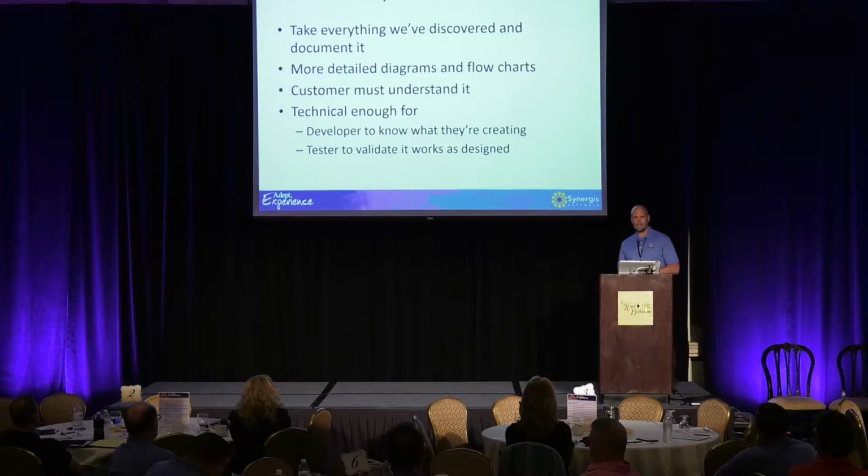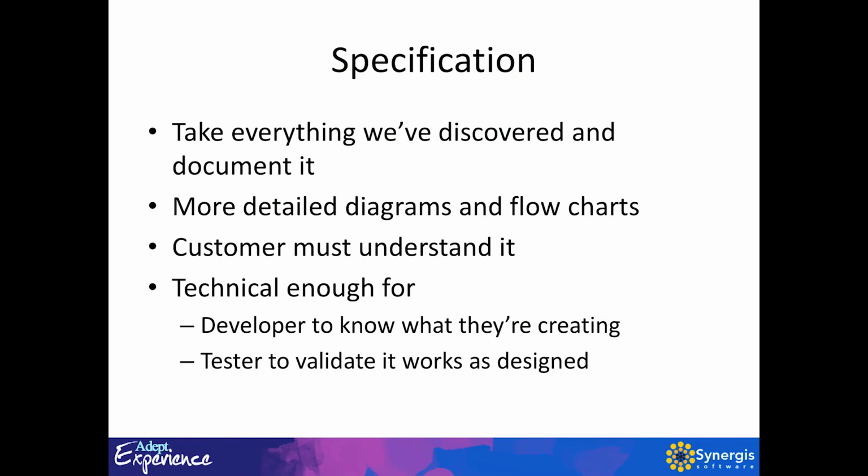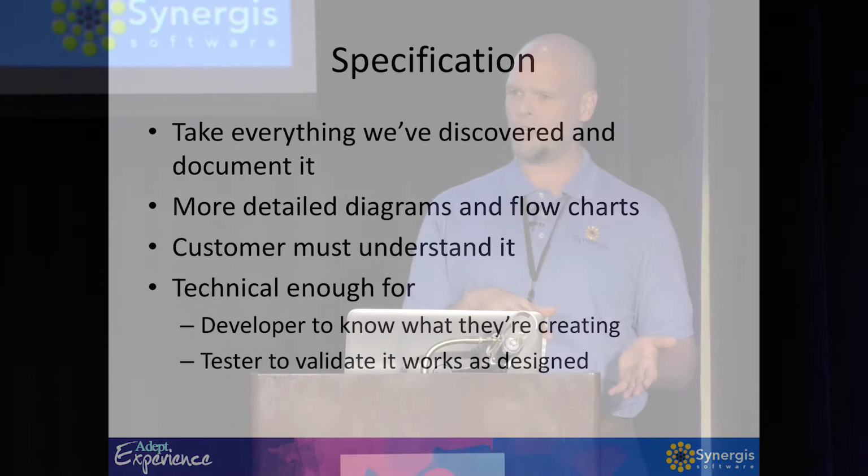Once we've gathered all that information, the next step is to write the specification. And this is the challenging part for me. I have to make it detailed enough that the developers can understand exactly what's expected, and I also have to make it at a level where you, the customer, can also understand exactly what you're agreeing to.